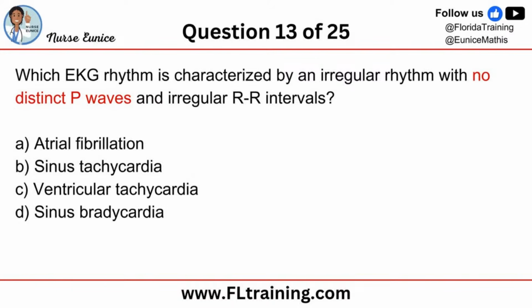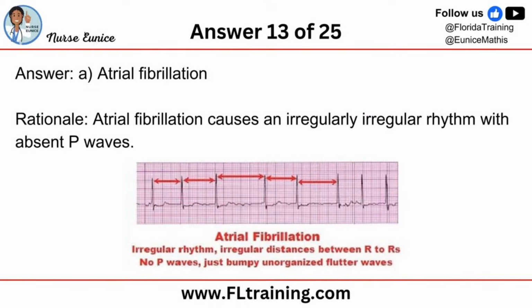Let's see if I see any correct responses. Revealing the answer in 3, 2, and here we go, everybody. If you chose A, atrial fibrillation, you have the correct response. When you look at this rhythm, look at that quivering baseline. You can't see a P wave.